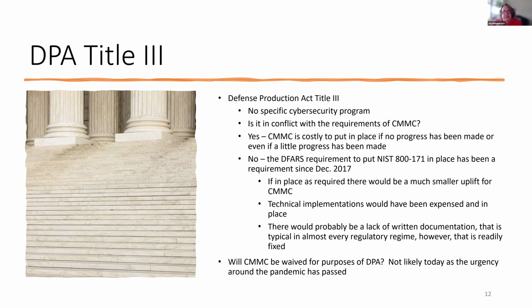We don't think that it would be waived either for you if you are doing something under DPA, because the urgency around the pandemic has passed, but the urgency around cyber attacks has just been skyrocketing. So that's kind of a quick overview of the DPA, which we've been asked to tell you about.